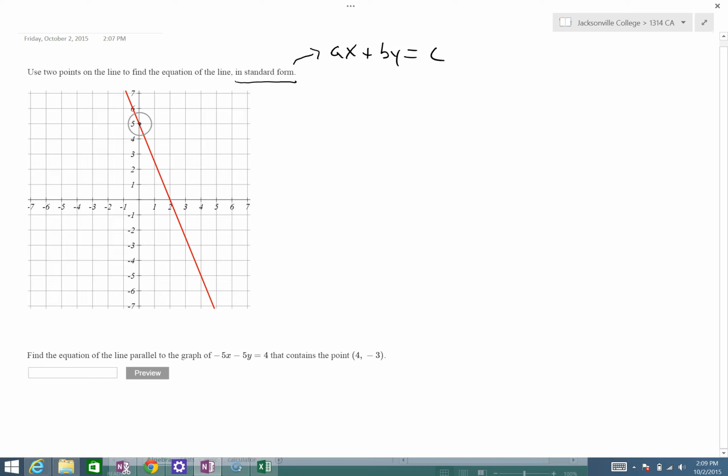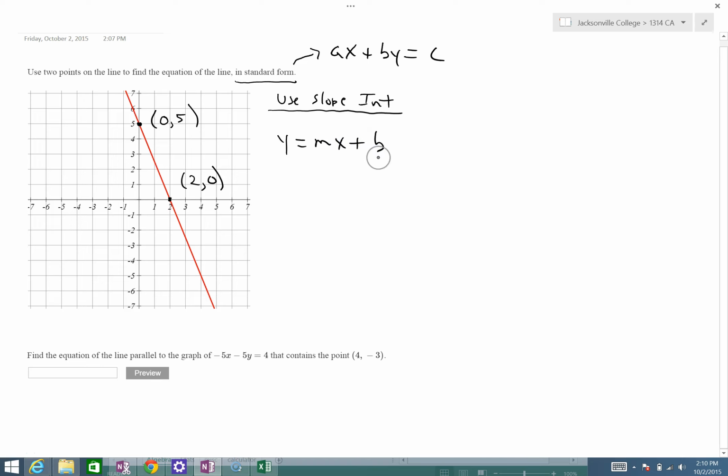I'm going to use this point right here. This point is (0, 5). And then I'm going to use this point right here. This point is (2, 0). From here we have a couple of ways we can show this, and I'm going to show them both. First, I can use slope-intercept form, y equals mx plus b.